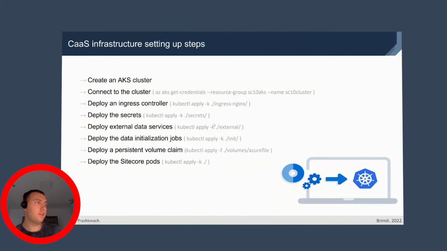Once we have secrets and external services running, the next step is to initiate our Solr and SQL databases, which means of course we have to have those services available. And once we initiate indexes and databases, we add some persistent volume storages.